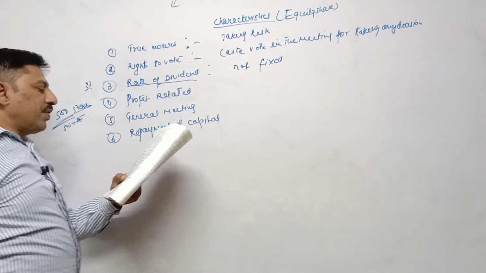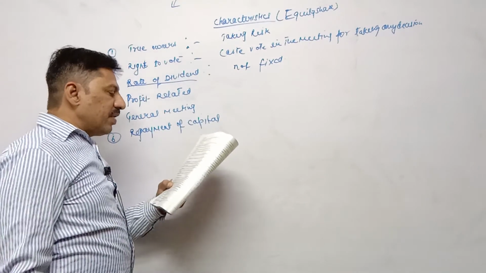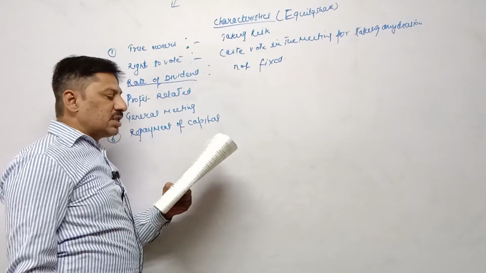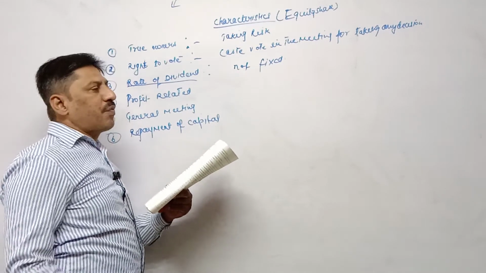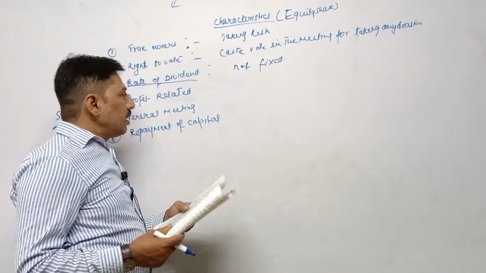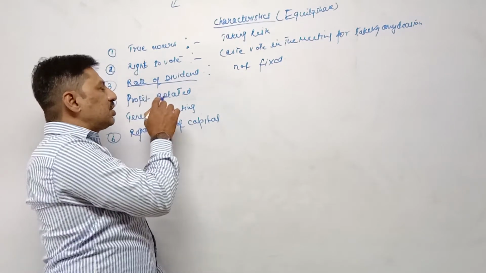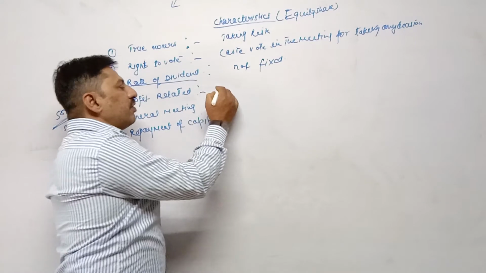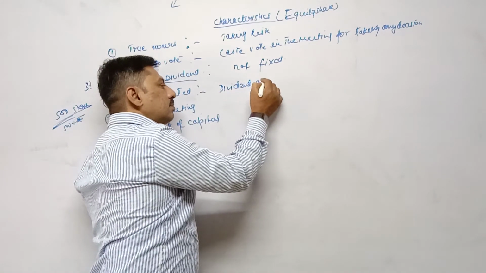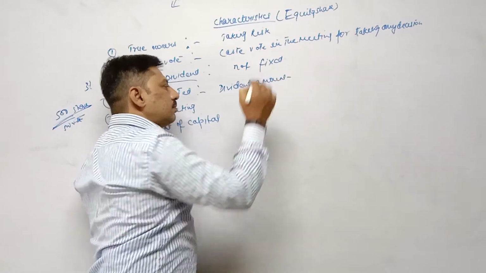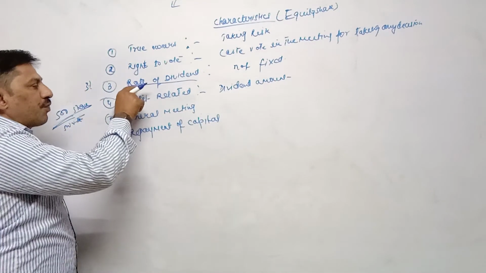The fourth one is profit related. Dividend receivable by such shareholders is related with profit, hence dividend will increase or decrease with profit. Again, the same explanation: rate of dividend means percentage, and profit related means dividend amount. We are talking here about dividend amount. Rate of dividend may also fluctuate.